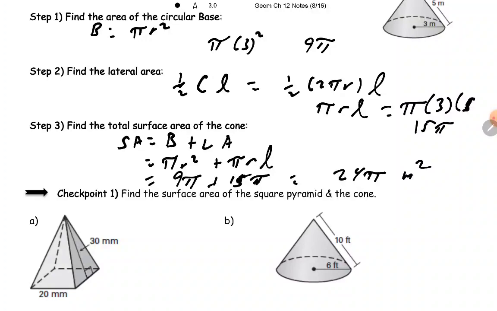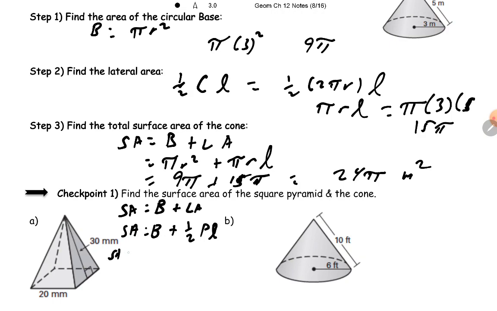All right, let's do some more examples here. Surface area of a pyramid, once again, is the area of the base plus the lateral area, which is equal to 1/2 the perimeter times slant height.